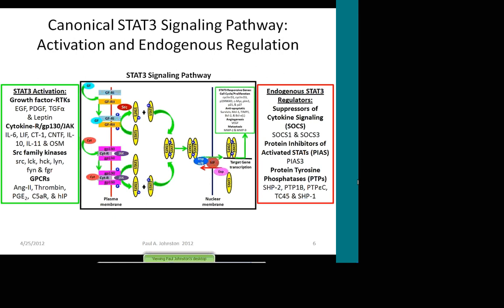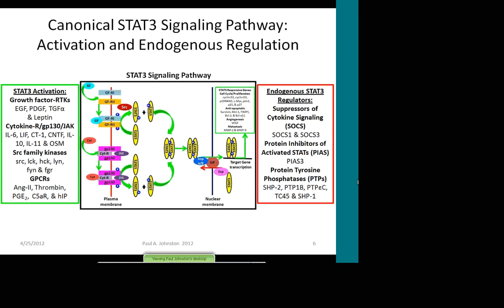Activation of growth factor and cytokine receptors leads to recruitment of non-phosphorylated STAT3 in the cytoplasm to the activated receptors through their SH2 domain. They get phosphorylated on specific tyrosine residues that triggers dimerization, translocation, passage through the nuclear pore complex, and DNA binding, ultimately activating gene transcription. And it's an important signaling pathway.